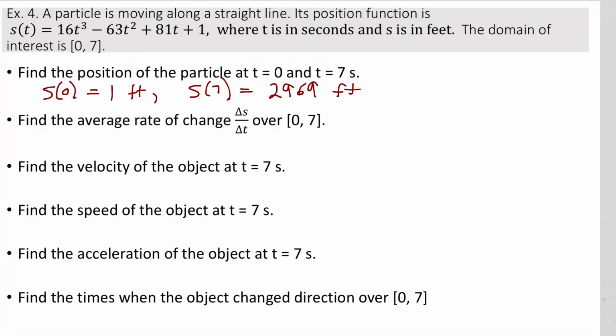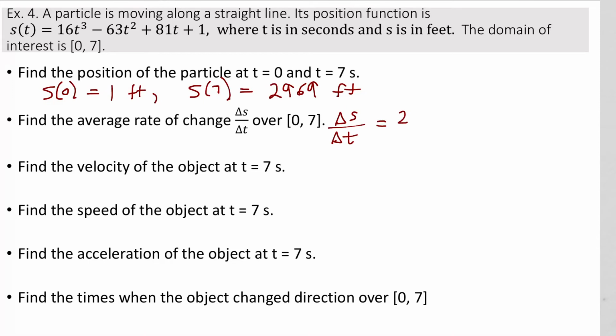The next question says find the average rate of change, delta s over delta t, over the interval 0 to 7. We want the change in position over the change in time, going from 0 to 7 seconds.